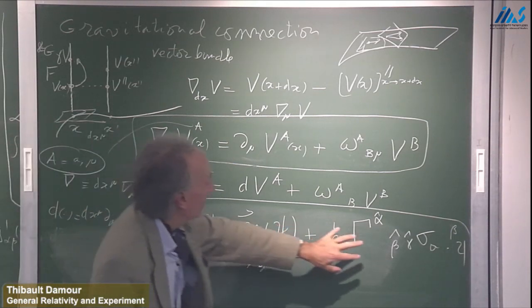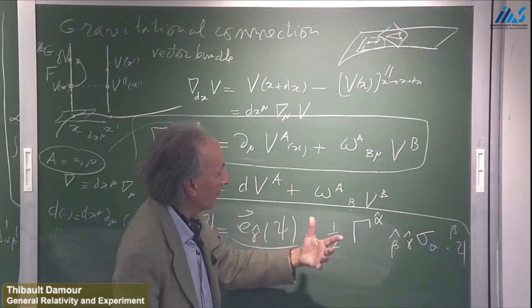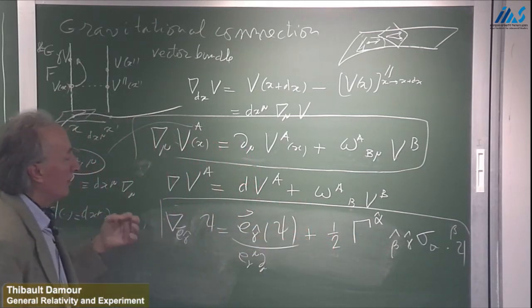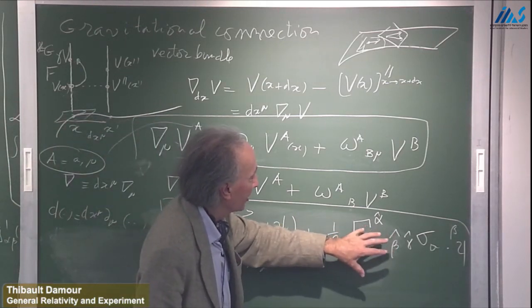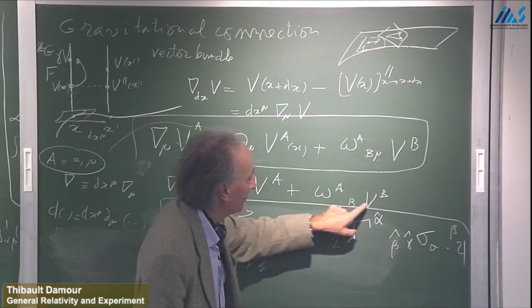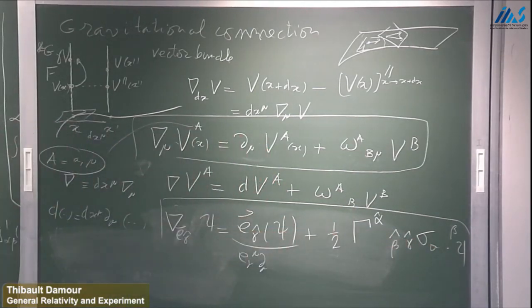A vector varies by just this object, which is the coefficient of connection in the orthonormal frame. A spinor varies by the same general formula of a connection, except that this thing appears contracted by the sigma, which is 1/2 gamma alpha beta, which is the matrix T, which represents the action on a spinor of a Lorentz rotation.